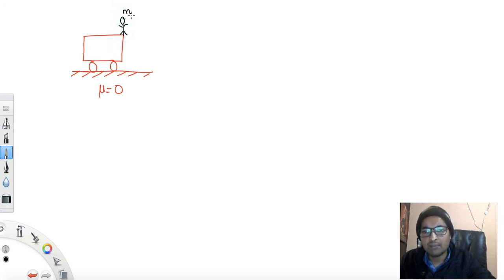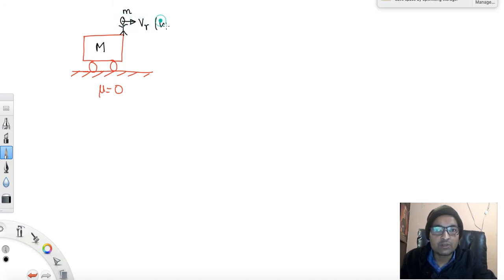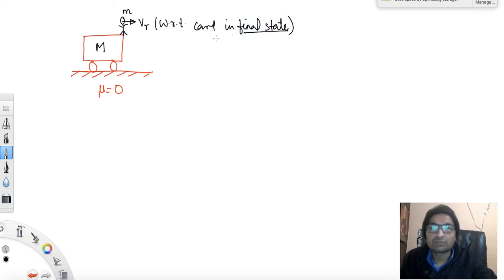Mass of the man is small m and mass of the cart is capital M. Now, the man jumps off the cart with velocity Vr with respect to the cart in the final state. Final state, because initially the cart is at rest.